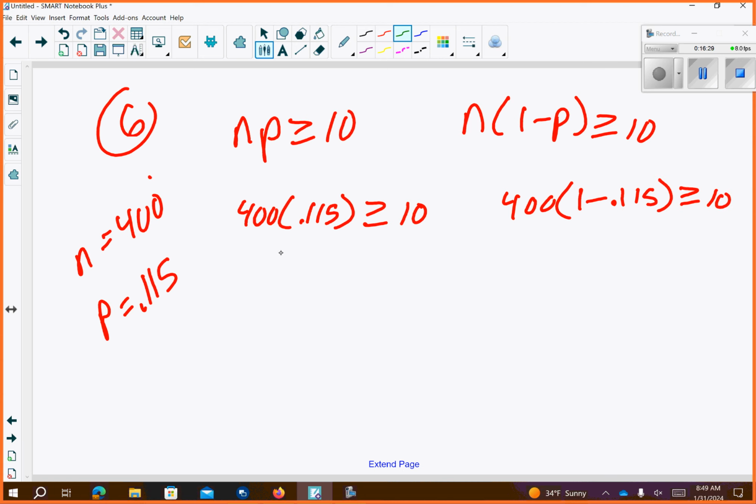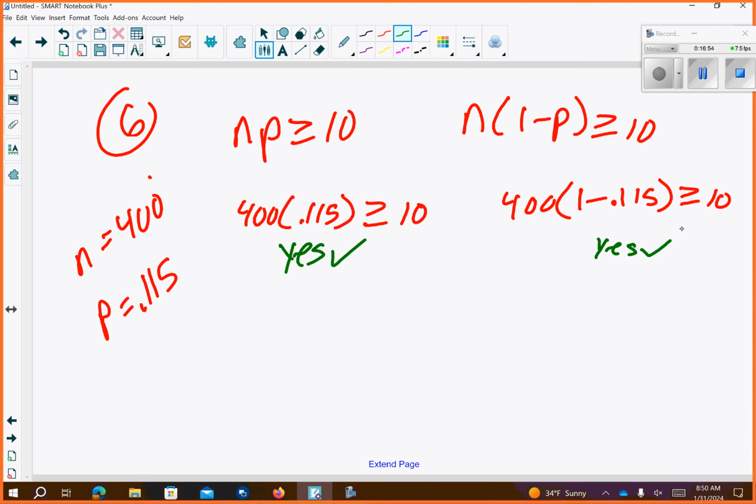Well, yes, this is bigger, so this checks. I don't even have to do the math because I know that 400 times just 0.1 is 10, so 400 times 0.11 is bigger. And then this one comes out to 0.885 times 400, that's also bigger than 10.